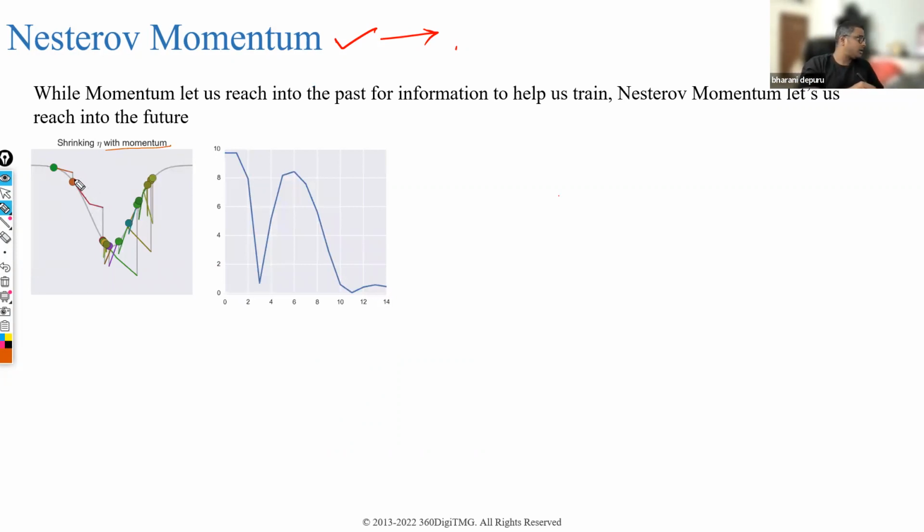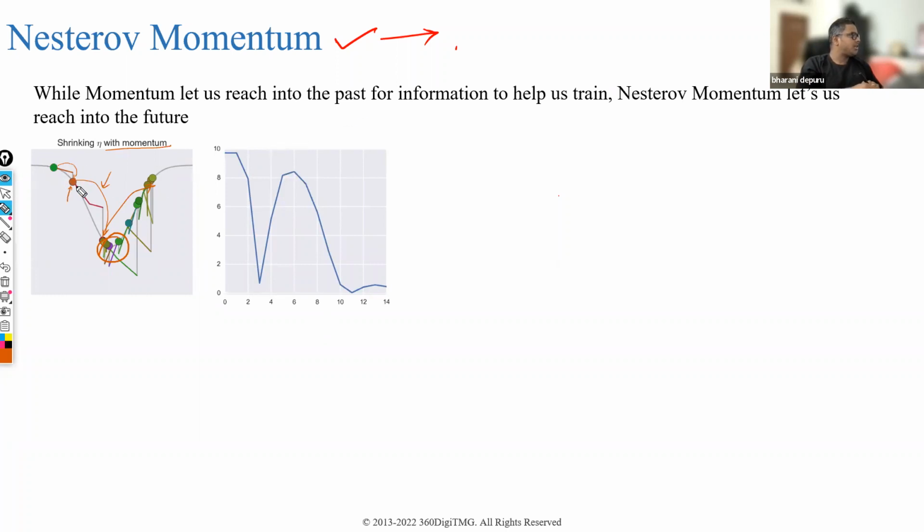You take some amount of the previous step and apply it to this step, so you might land there. Then you take some amount of this previous step and apply it to the next step. This additional momentum might push you away from the minimum. Hence, what Nesterov thought is, let us do one thing.